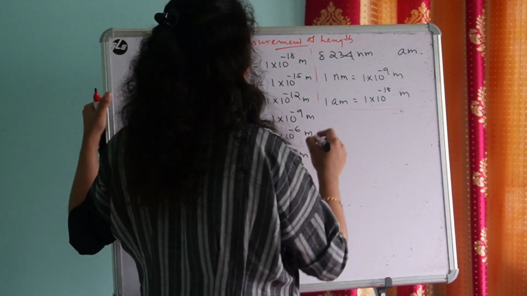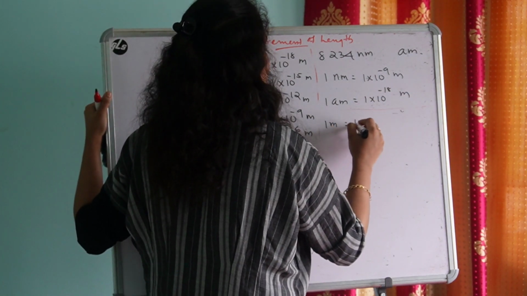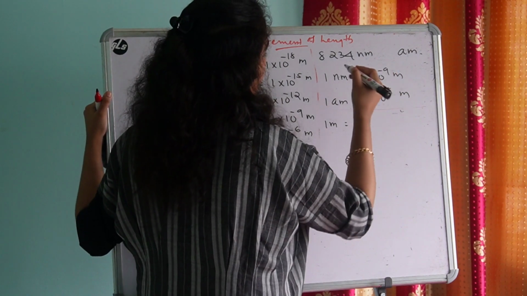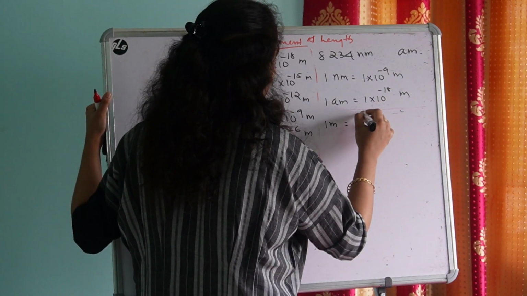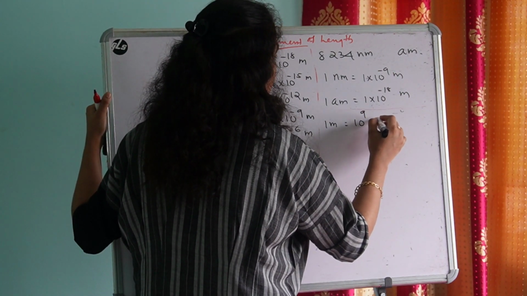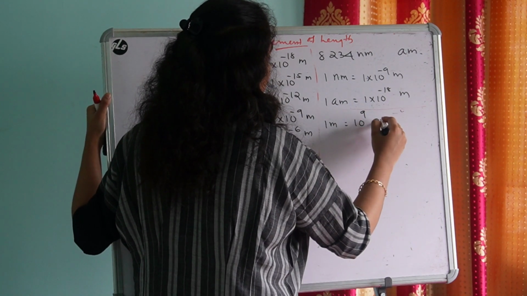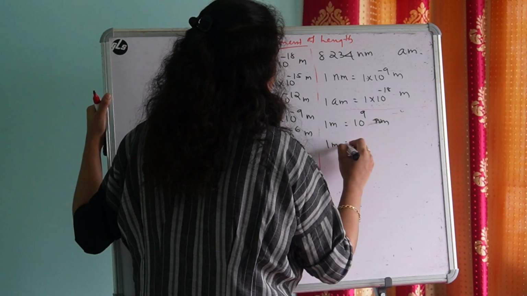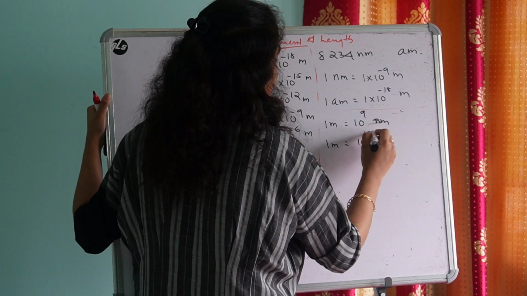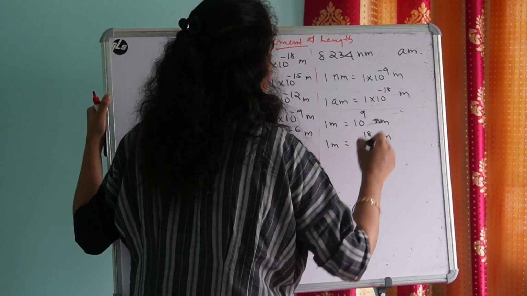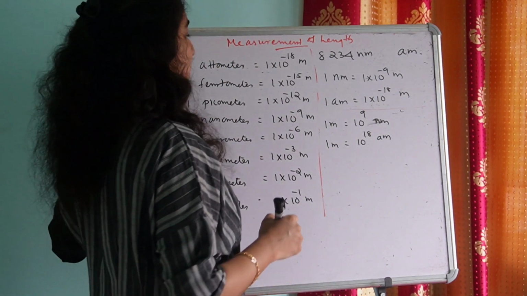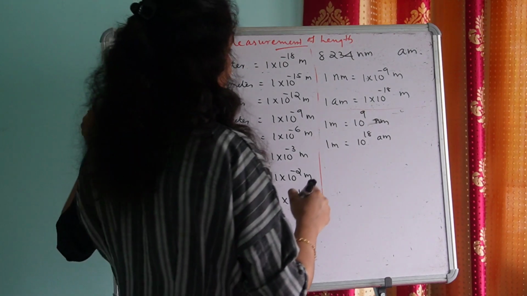So now I have to find what 1 meter is equal to in terms of nanometer and attometer, and I got the answer: 1 meter is equal to 10 power 9 nanometer, and 1 meter is equal to 10 power 18 attometer. Is it clear? Yes.